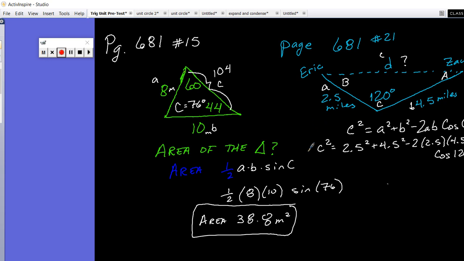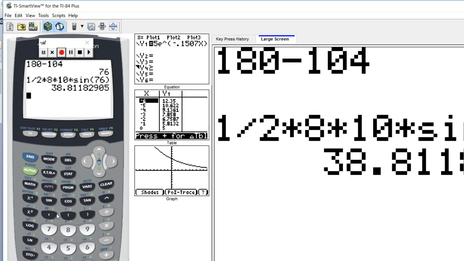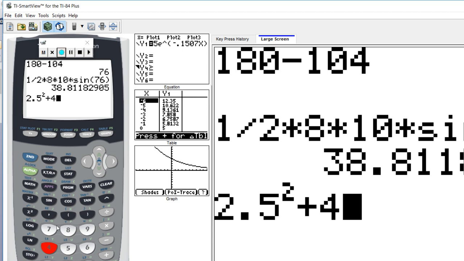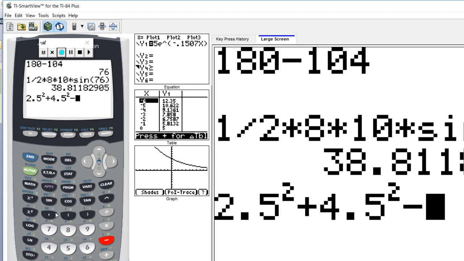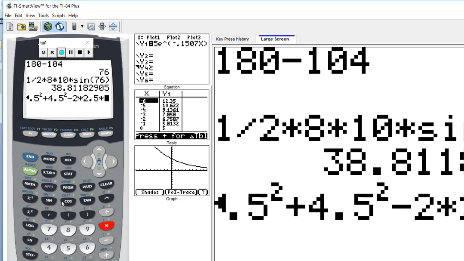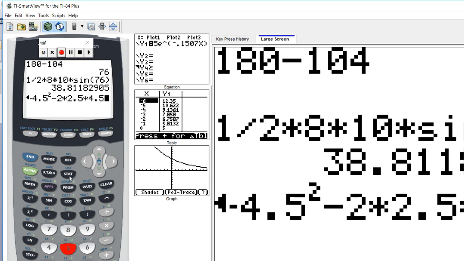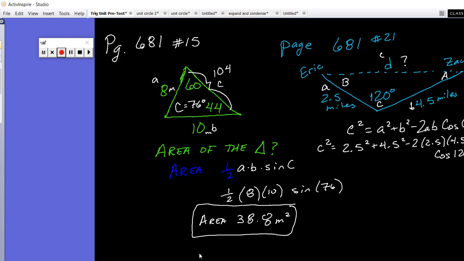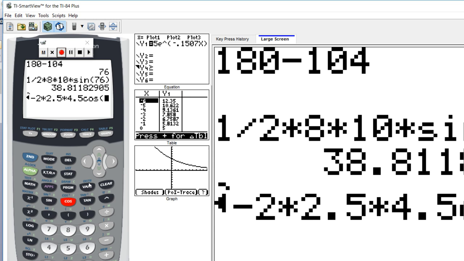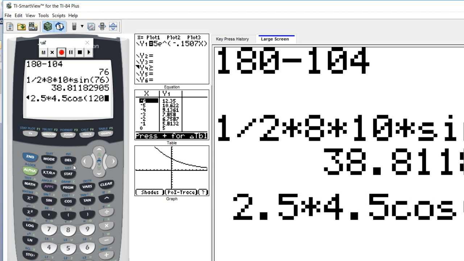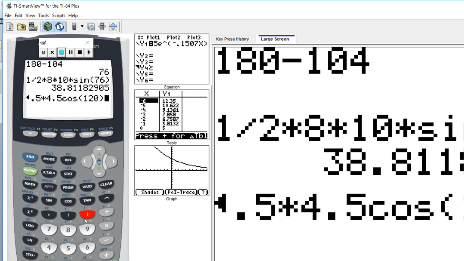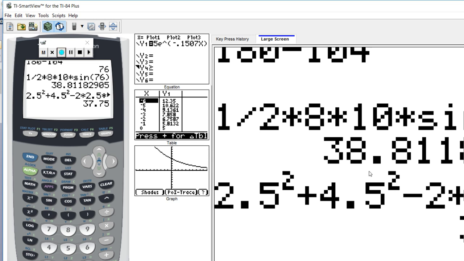Now I just type that in my calculator, and that'll give me what c squared is. So I go 2.5 squared plus 4.5 squared minus 2 times 2.5 times 4.5 cosine of 120, and I hit enter. That gives me what c squared is.